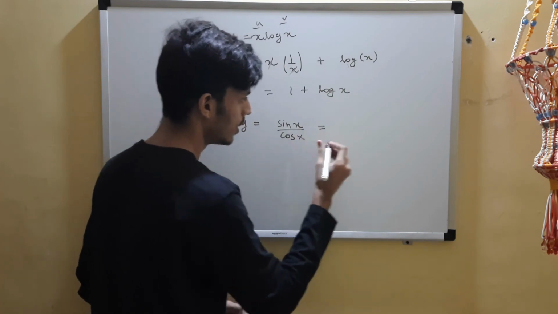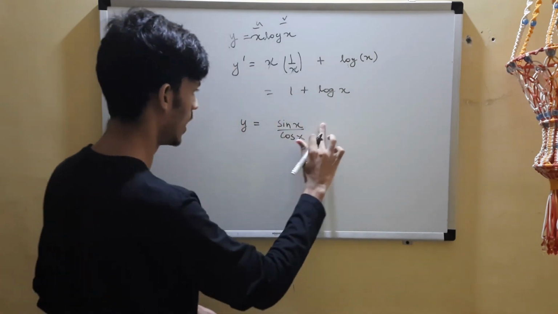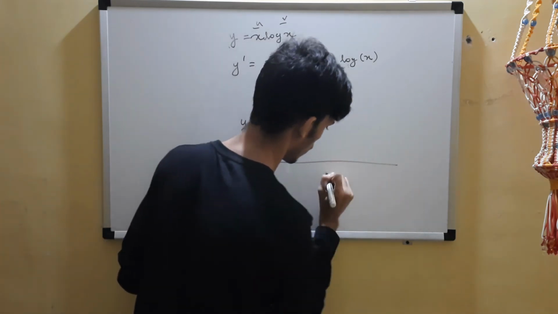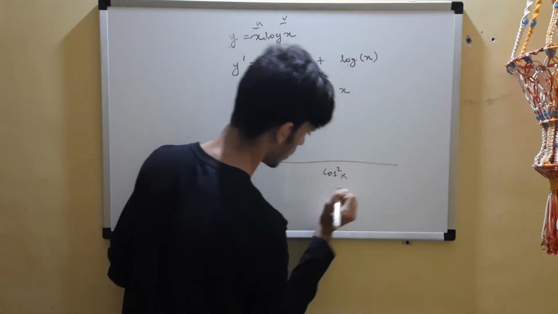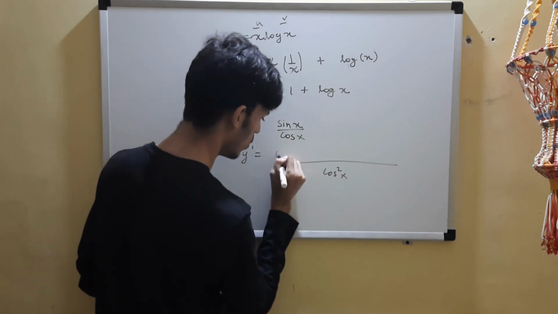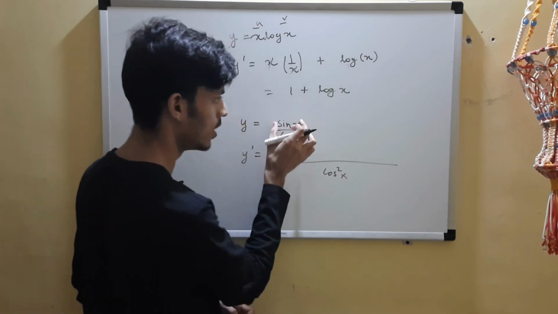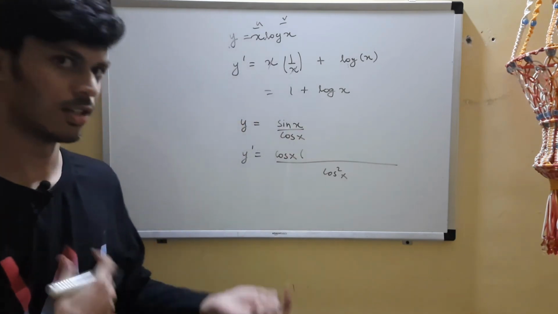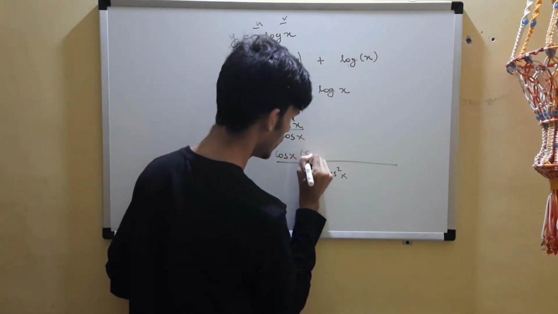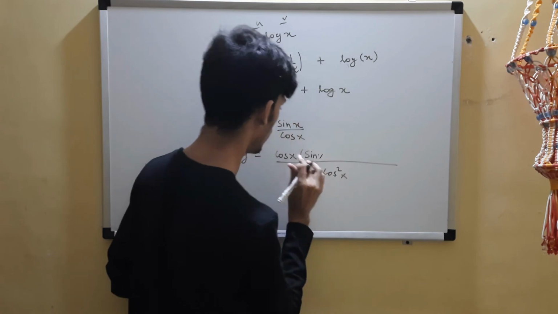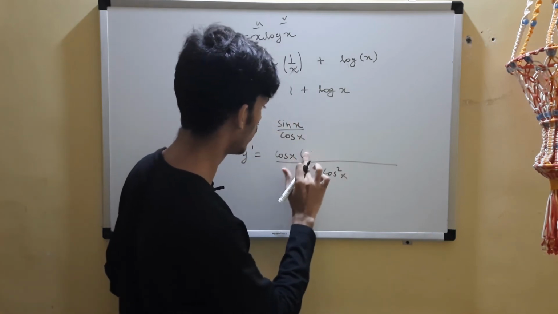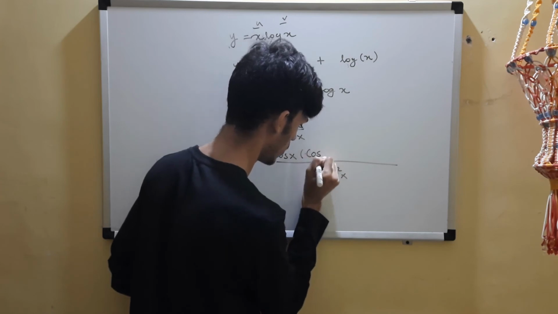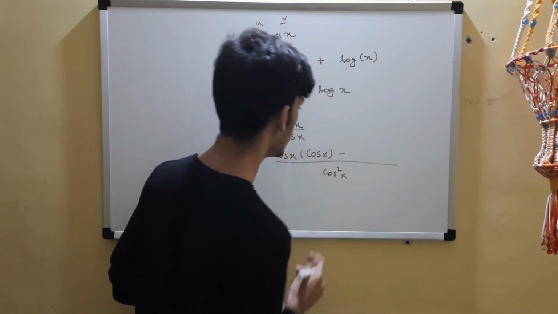So u by v we will use. So y dash is u by v: cos square x in the denominator, copy paste it. Then cos x times the differentiation of the top one, sin x, which is cos x, and minus sign in between.